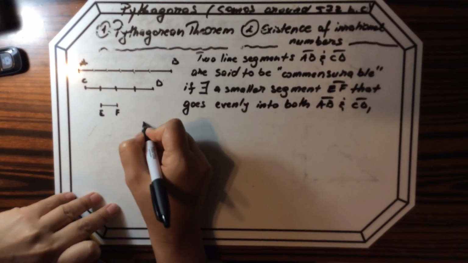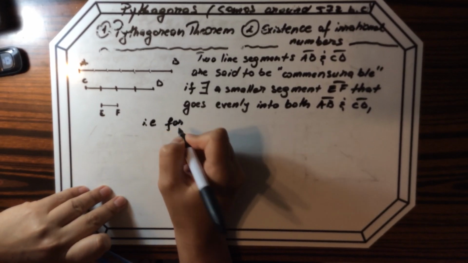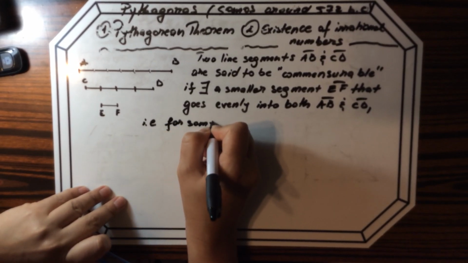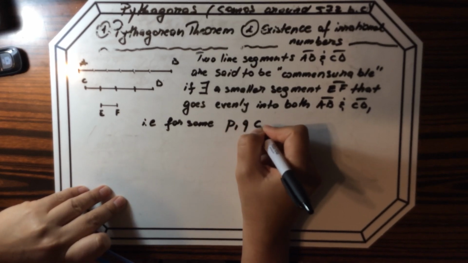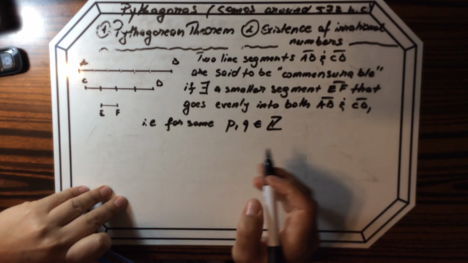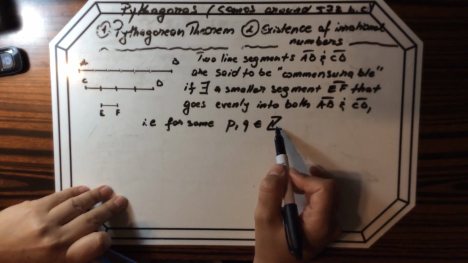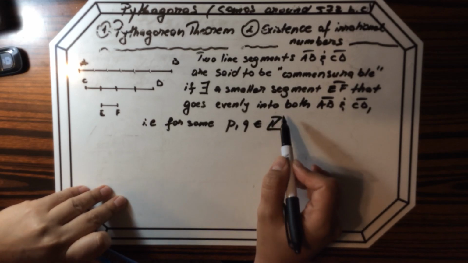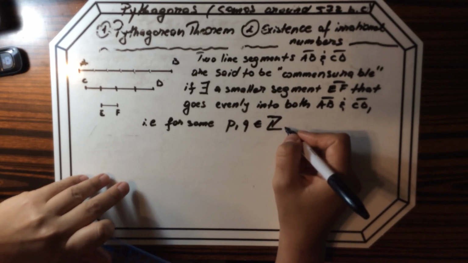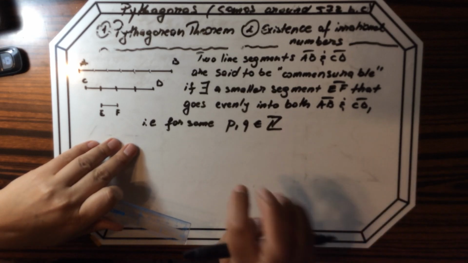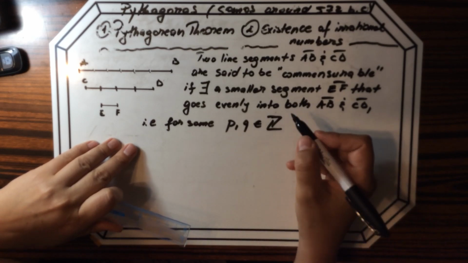In other words, for some integers P and Q, this is the same as saying that P and Q are elements of the set of integers. This is notation for the set of integers. Again, for those of you who are not familiar with such notations, this only means that P and Q are any two integers.